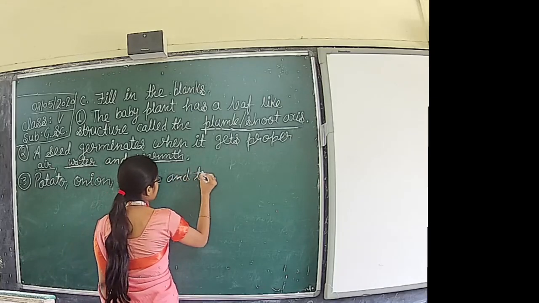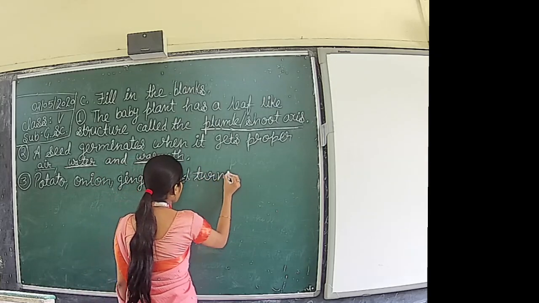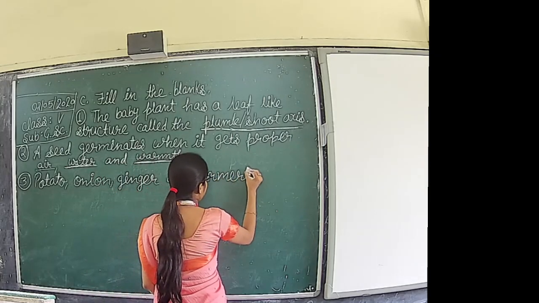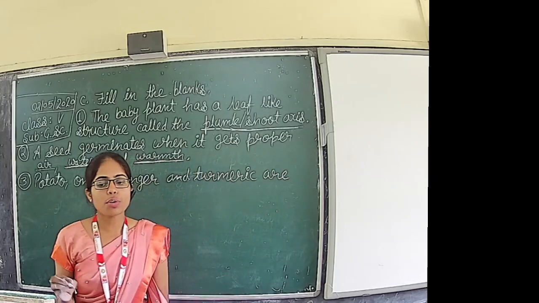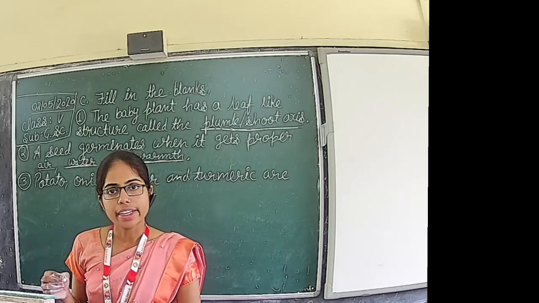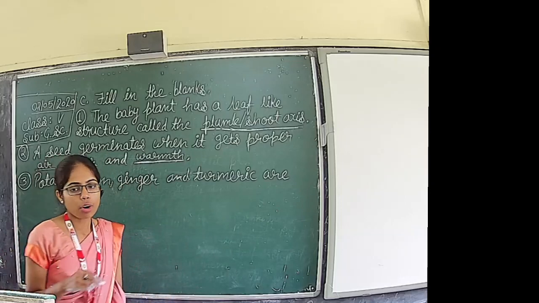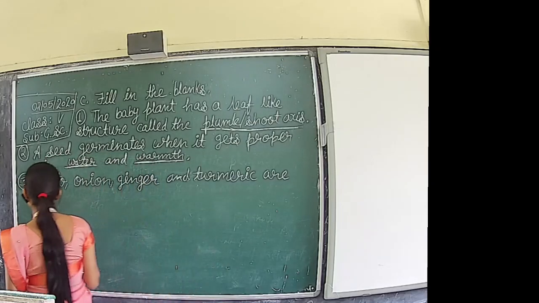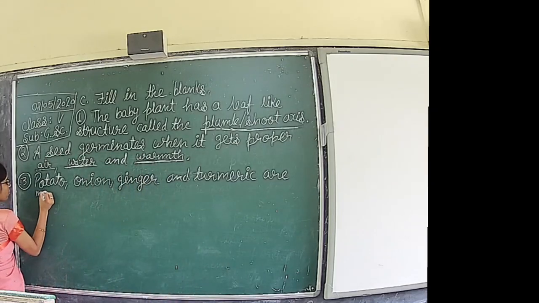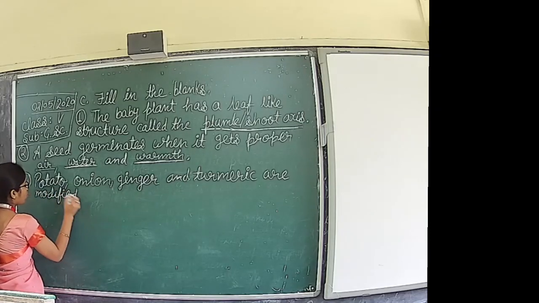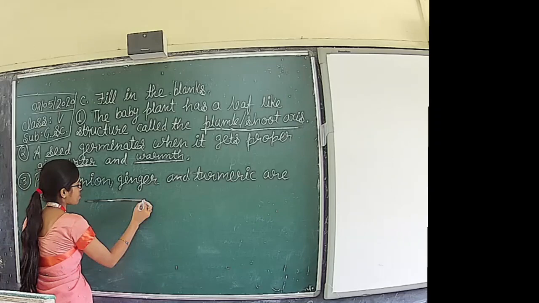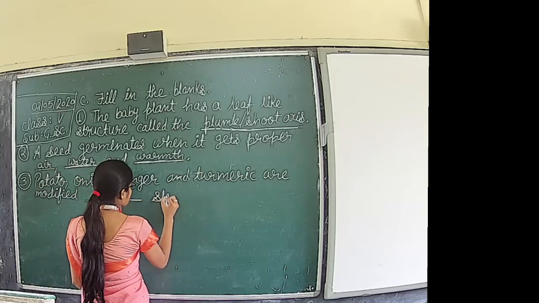Potato, onion, ginger and turmeric are modified dash stems.